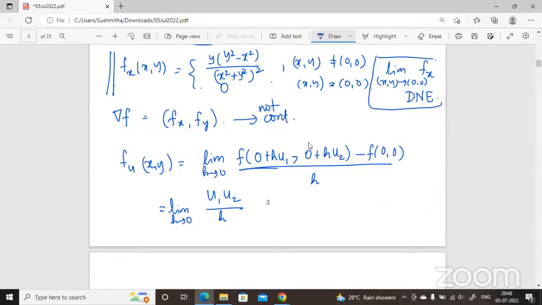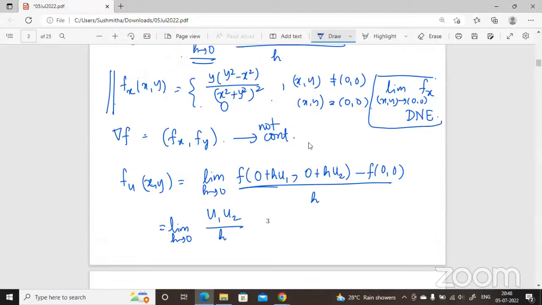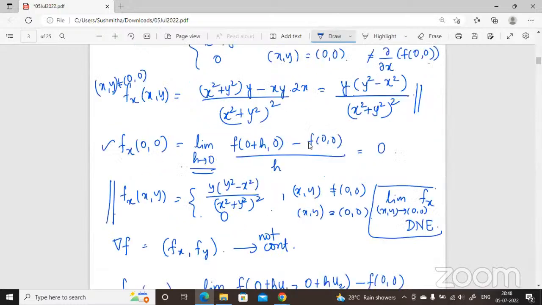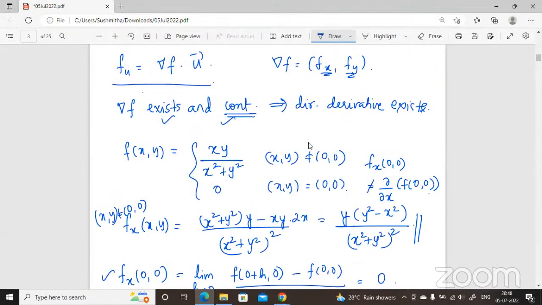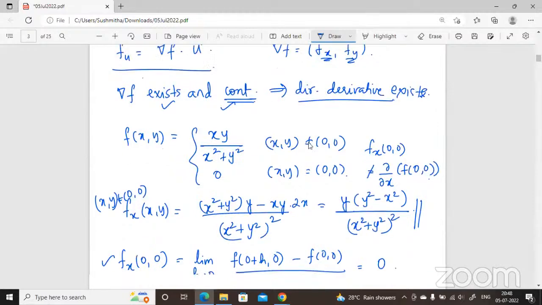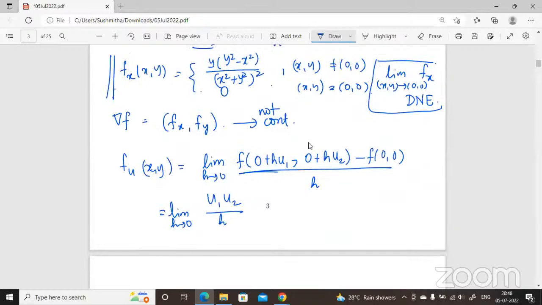So, all the directional derivatives do not exist other than the partial derivatives. This limit exists only if u1, u2 is not equal to 0... sorry, it does not exist.